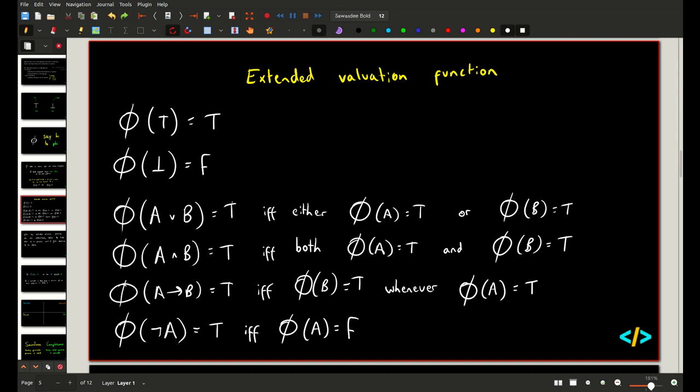The idea is we can create these larger extended valuation functions, and they just break down into smaller parts, which we can easily evaluate because each is a single thing and we want to know whether it's true or false. So we use these to take a large logical expression and decompose it into smaller chunks of atomic phi functions, which can then be used to deduce whether something's true or false.